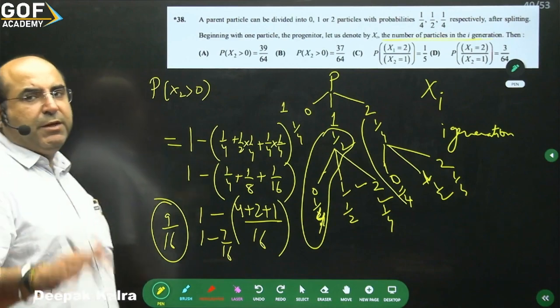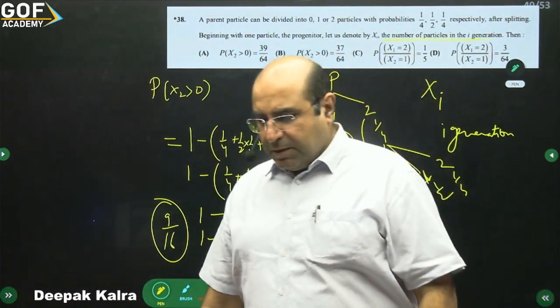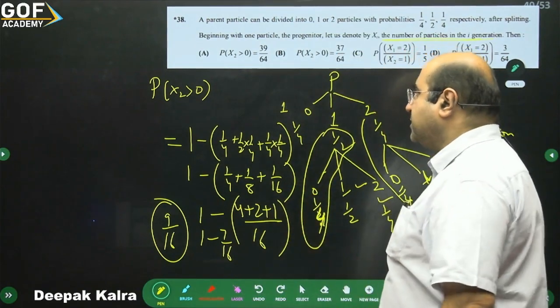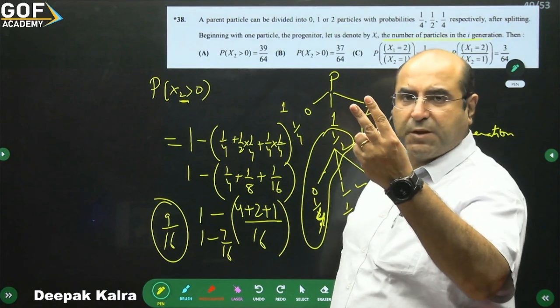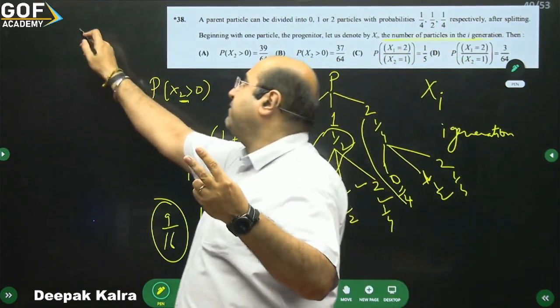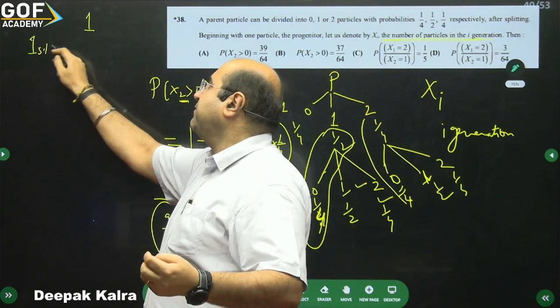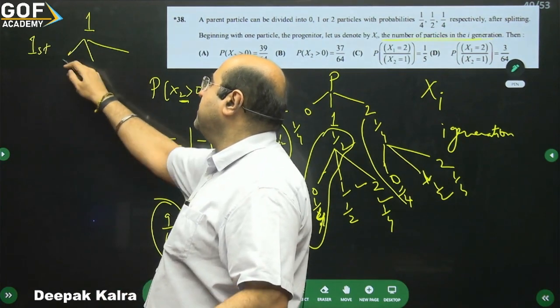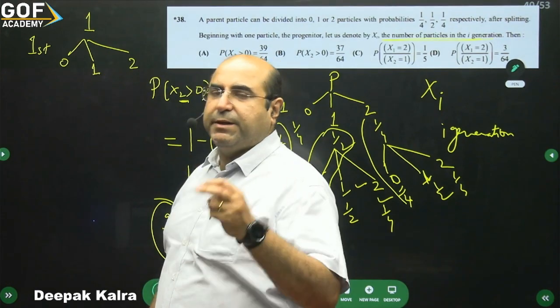See what I am doing. Everyone, please understand what I am doing is I explain the way which I felt in the question. 2 stands for my second generation. I started with one particle. So when the first generation occurs, it may go into 0 particle splitting, 1 particle splitting or 2 particle splitting, right?